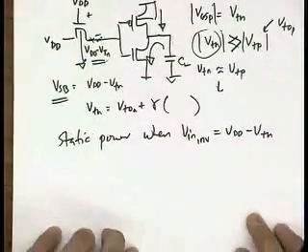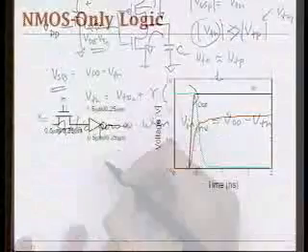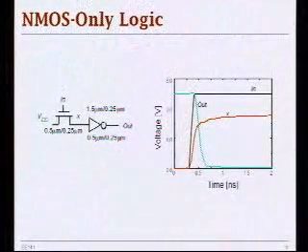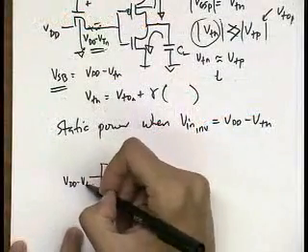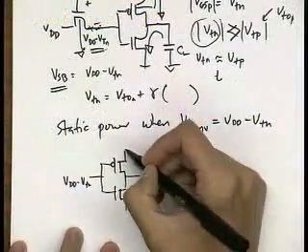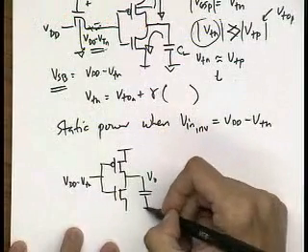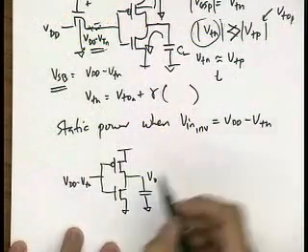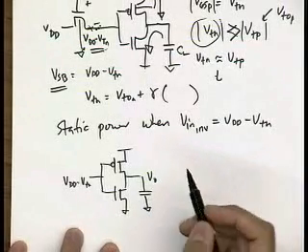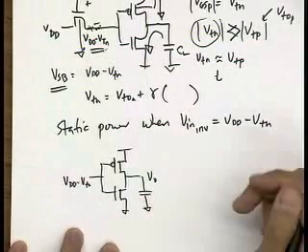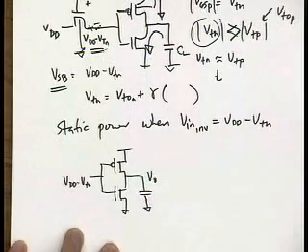Actually, two things. So let's see. If I have this, and let's redraw that inverter. So I have VDD minus VTN. That's my output. Then I have. So for the NMOS, okay, the job of the NMOS is really to discharge this load cap. Okay, and you want to do that as fast as possible.